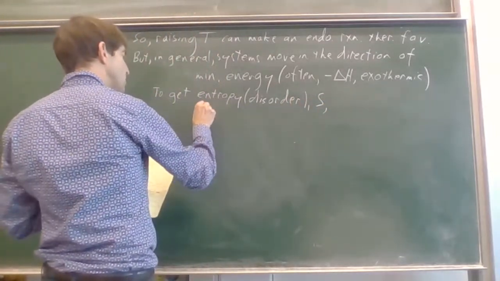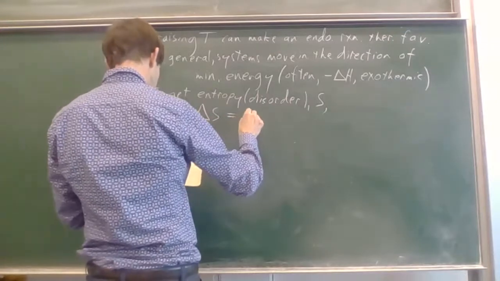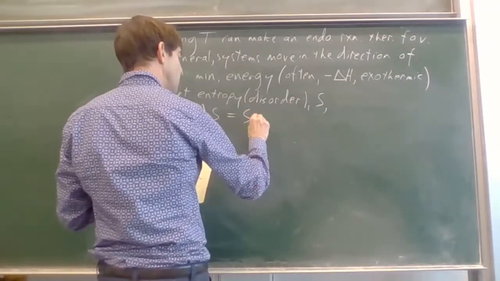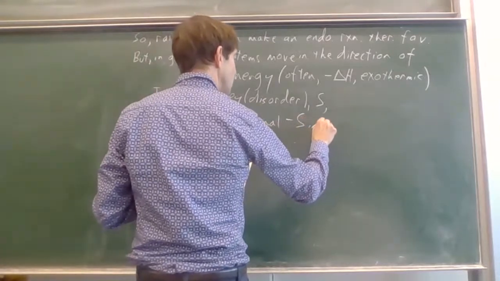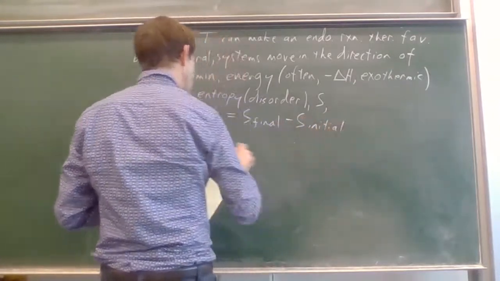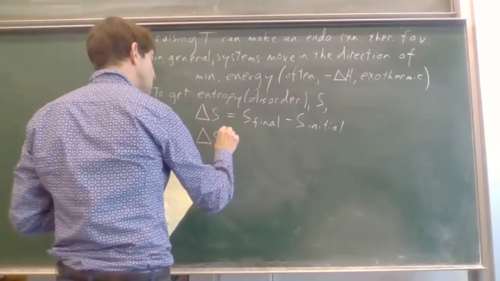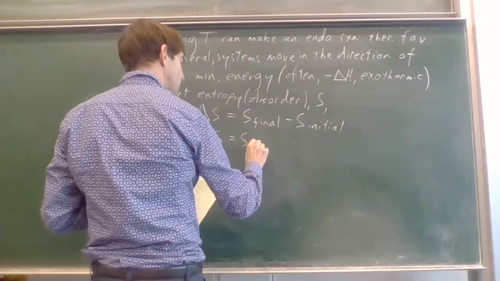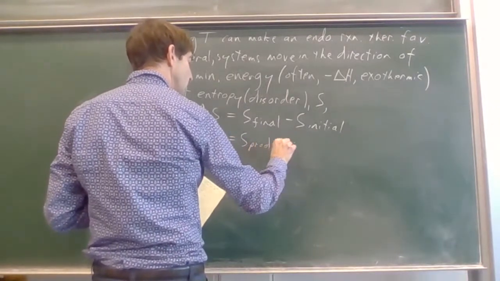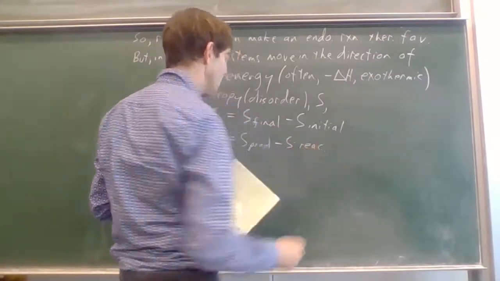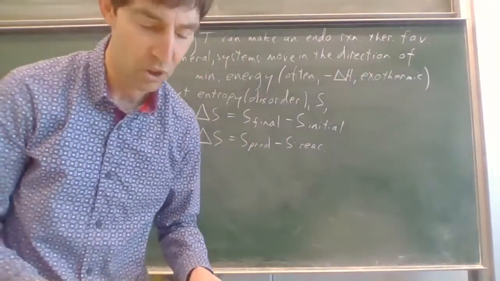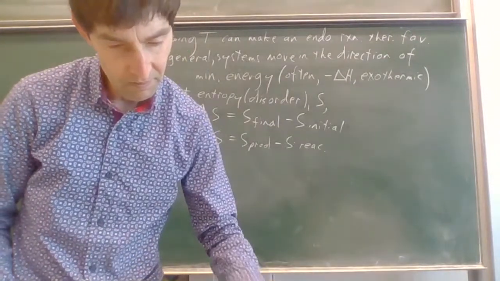The change in S equals the S of the final minus S initial. Or another way to say it is delta S equals S of the products minus S of the reactants. And I think we had that already because I remember making the bad joke about Sprott and Sriak.